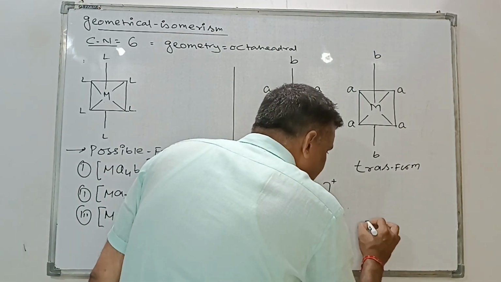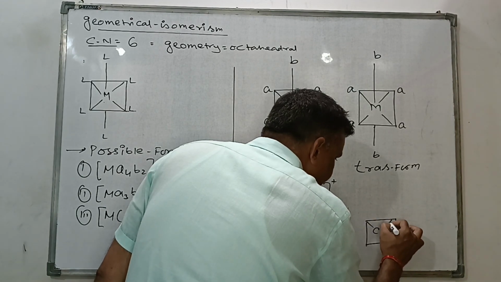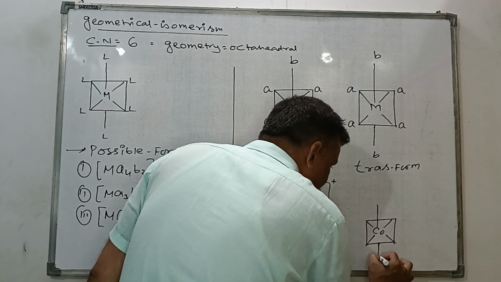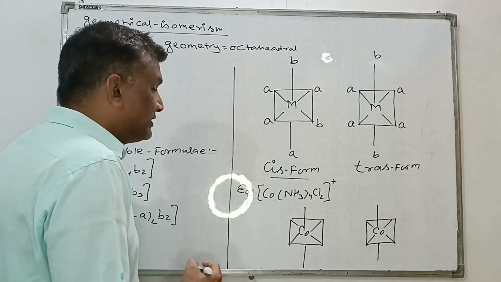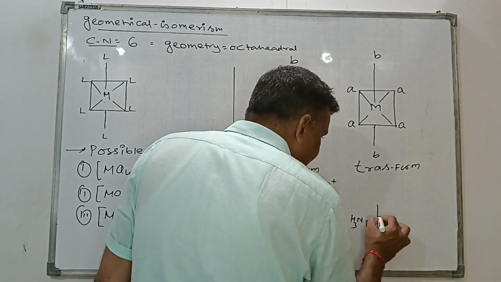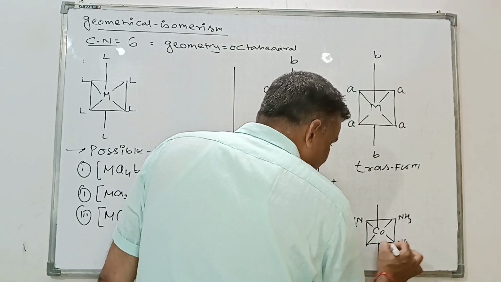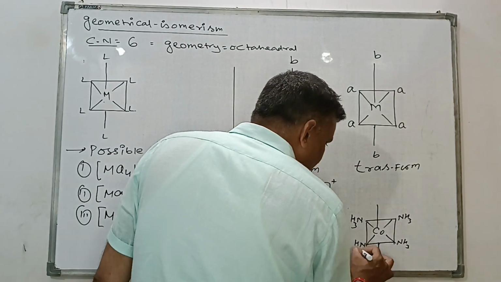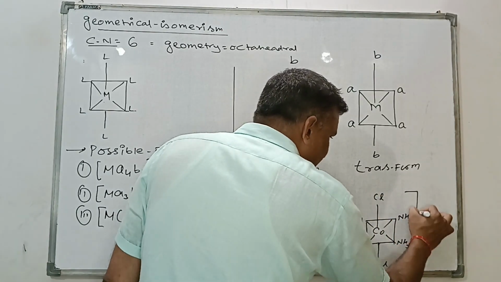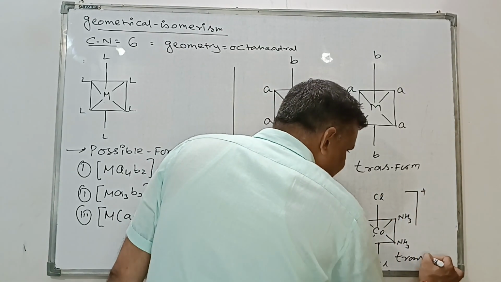This is your cobalt at the center, one above the plane, another below the plane. Now the time to keep the ligands. If we keep them as follows: NH3, NH3, NH3, NH3, this is the Cl and Cl. Here will be bracket and positive charge. Then this is called trans form.